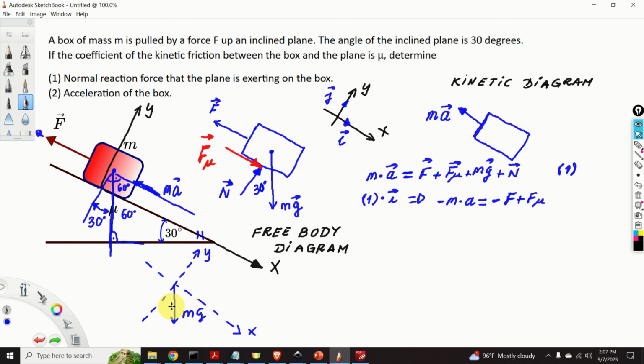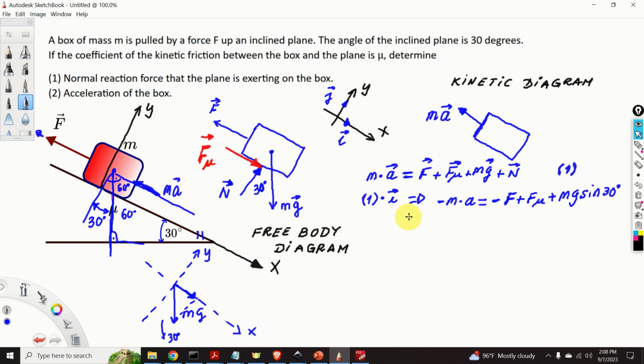Over here, the angle is 30 degrees. What is the x projection of the mg? Obviously, the x projection is this vector. If this angle is 30 degrees, this projection is mg sine 30 degrees. So, over here, we need to write the following: plus mg sine 30 degrees.